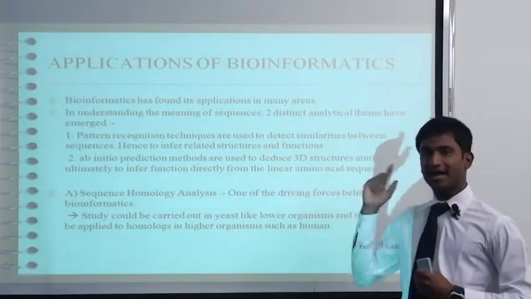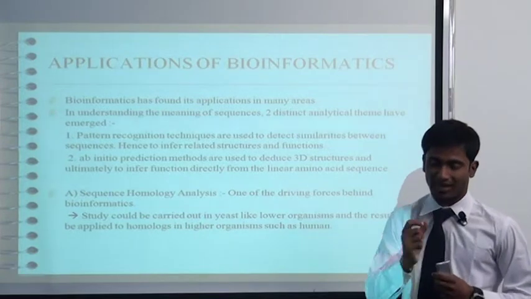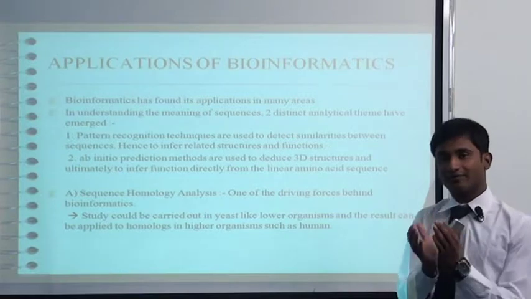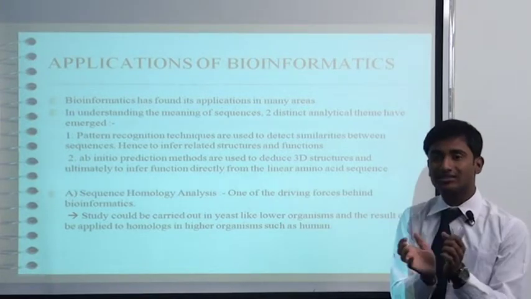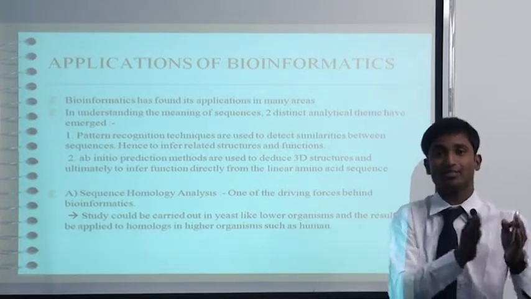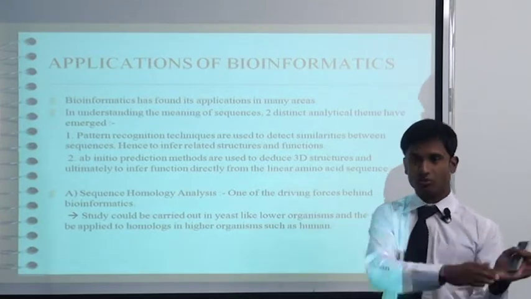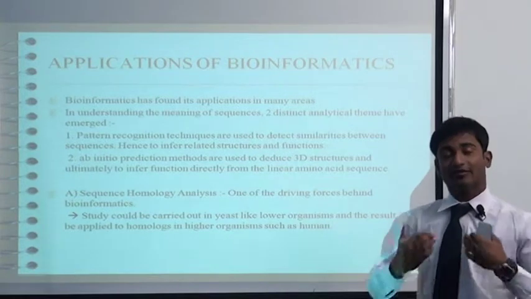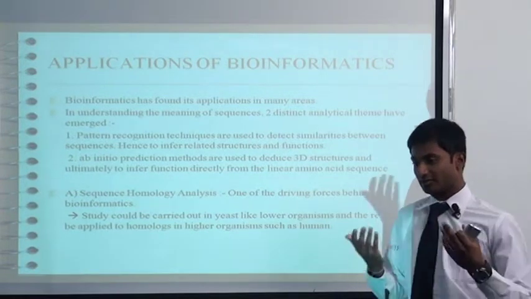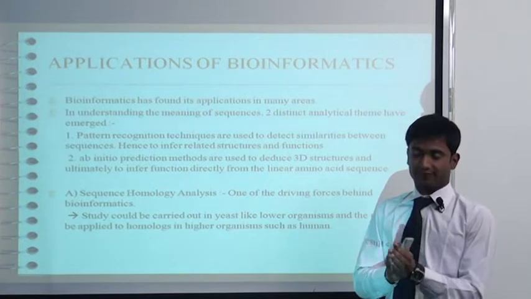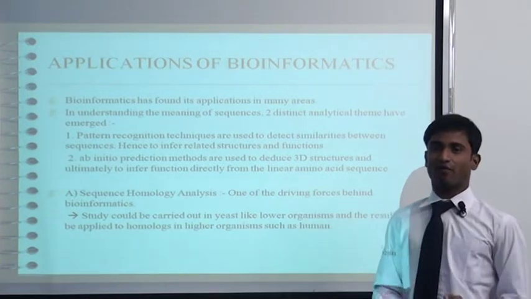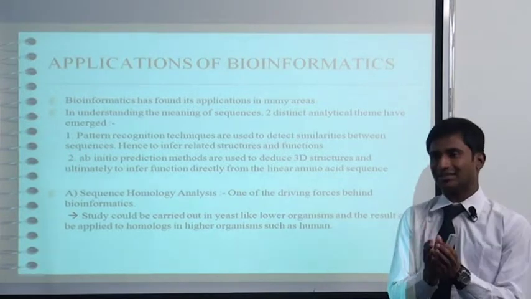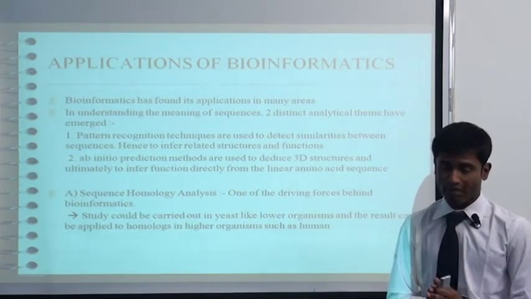Similarly, scientists started work on bacteria, E. coli, and yeast, and after they got the whole genome of such organisms, they compared that genome to the human genome. So what is the benefit of that? We will get more than 30, 40 or 50% of the information from such a genome, because the genome is almost similar in different types of organisms.